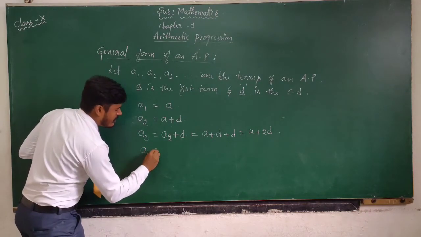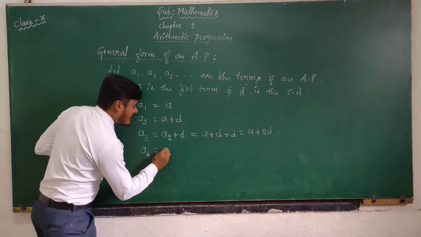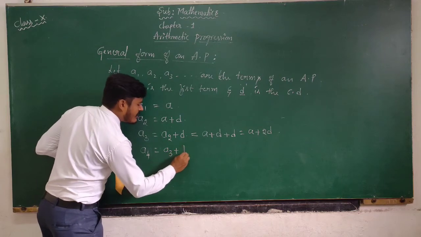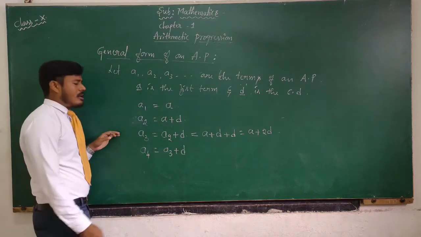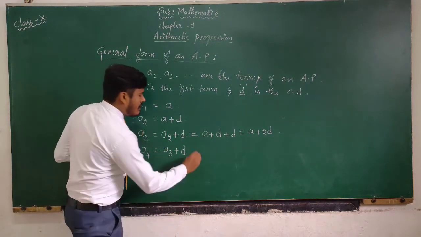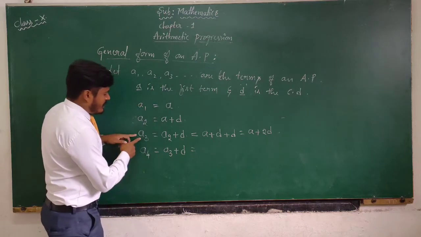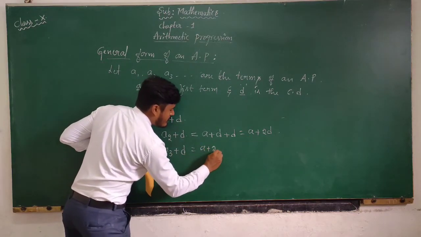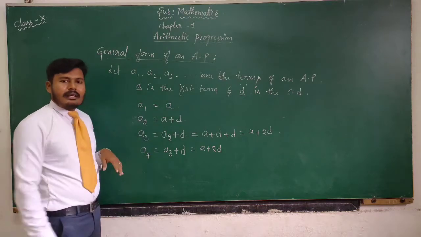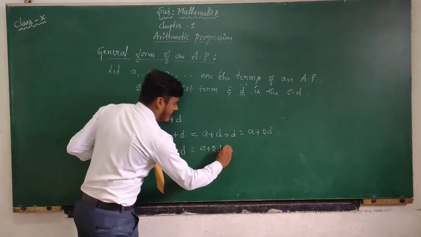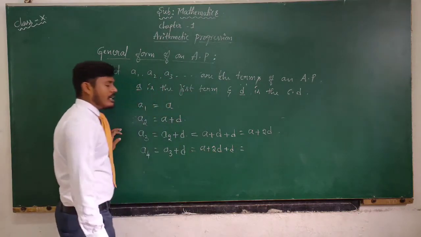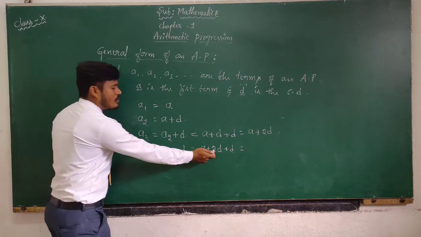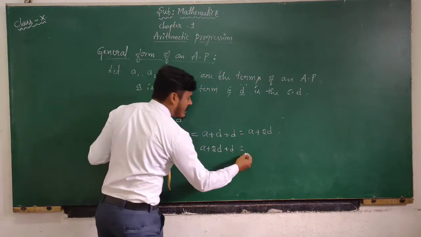Then A4. What about A4? The sum of the third term and the common difference is the fourth term of an arithmetic progression. We know that A3 is a plus 2d. Write down a plus 2d in place of A3 and then write plus d as it is. Then you get a plus 2d plus d, that is 2d plus 1 time of d.